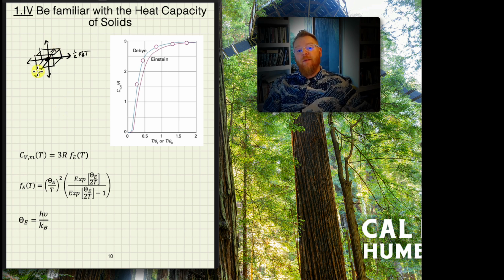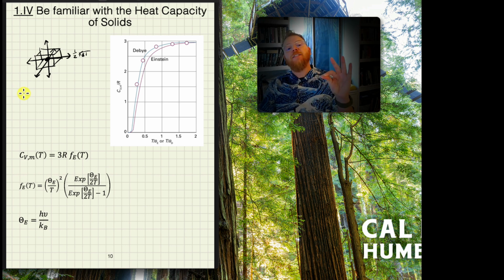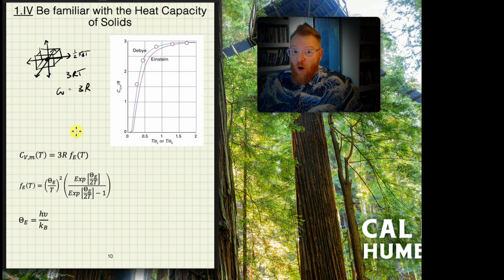Recall our solid is not free to translate around like a gas molecule. It's just vibrating against its neighbors. So that gives us 6 degrees of freedom, 6/2 kBT or 6/2 RT, which gives us 3RT for its internal energy, and thus its heat capacity is 3R.